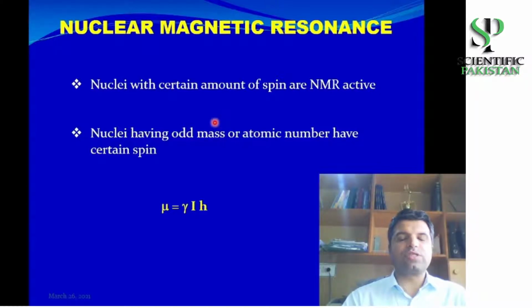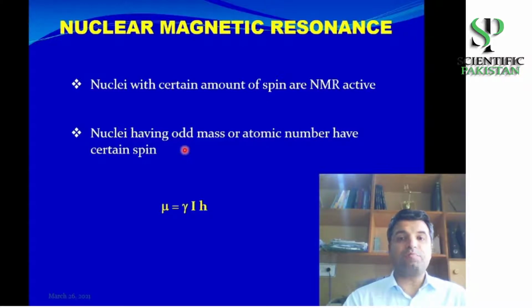Now, which are those nuclei which have some amount of spin? Those nuclei which have an odd mass or an odd atomic number will have some amount of spin. Atomic number is the number of protons, as you already know. So if a nucleus has an odd number of protons, it might have some spin.